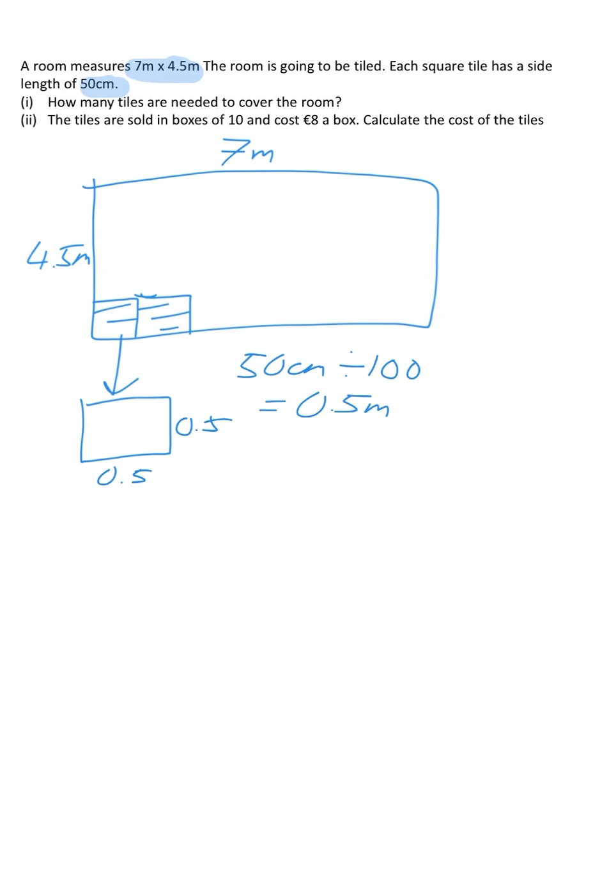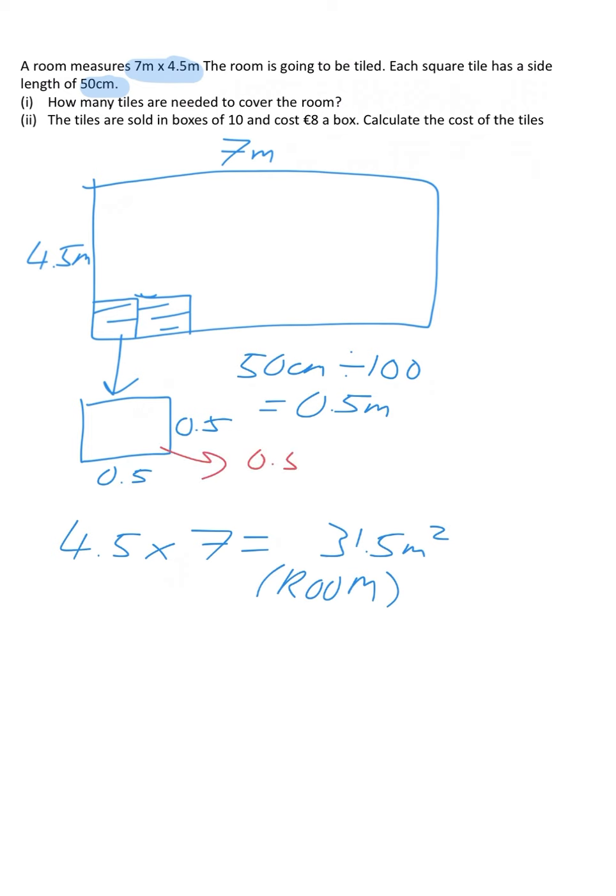Okay, so let's see how many tiles are needed to cover the room. First thing I'm going to do, I'm going to get the total area of the room, so we'll do 4.5 times 7, and that is equal to 31.5 meters squared. And I'm just going to say that that is the room. Then for the tiles, so 0.5 times 0.5, and that is equal to 0.25 meters squared.